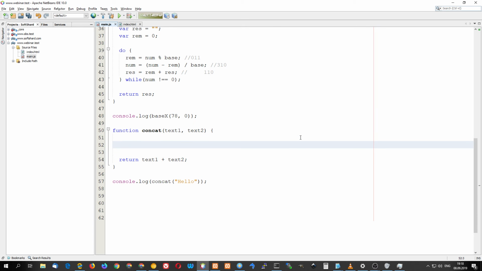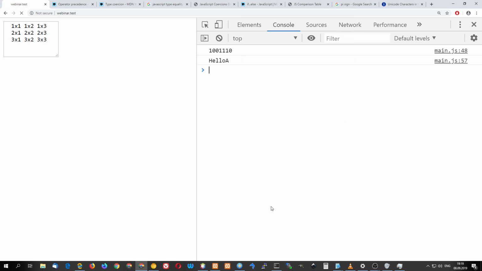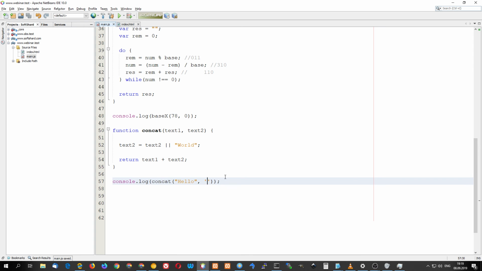Okay, so let's say we want to default to world. That works: hello world. If I pass something different, hello A, it seems to be working. If I pass an empty string, it becomes hello world, not hello empty string, because an empty string evaluates to false, which means we have to return this.